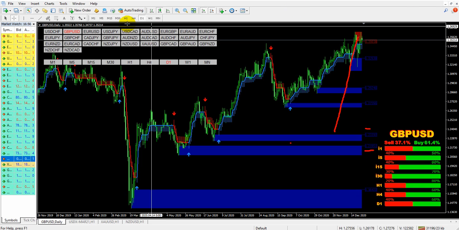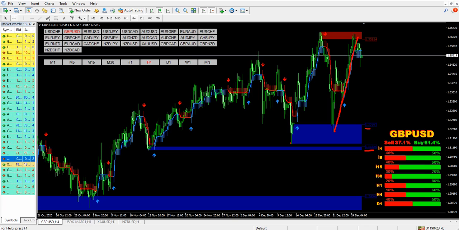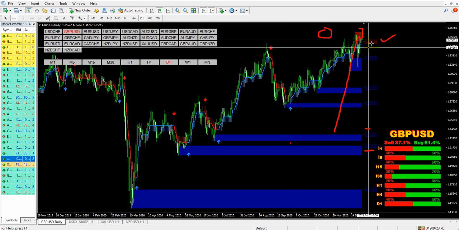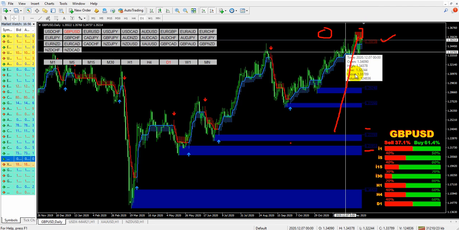Now as of now you can see that our support demand indicator has shown a sell signal with our trend indication and our support indication at 1.359. Check D1 at 1.350, it has also given a sell indication.